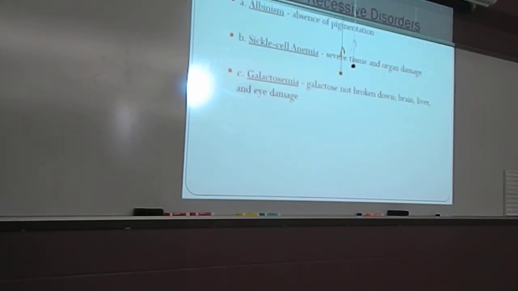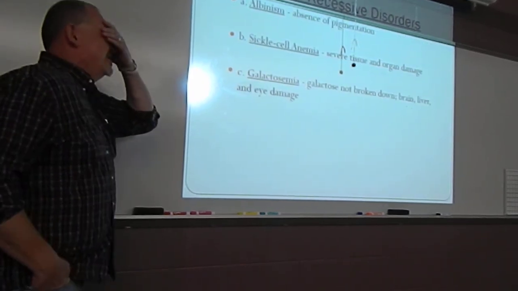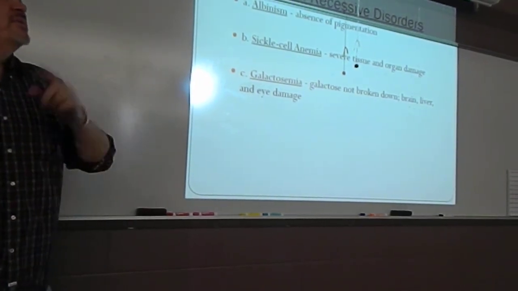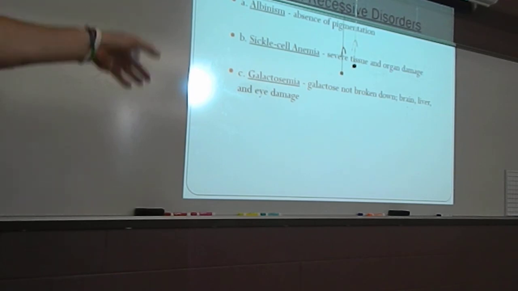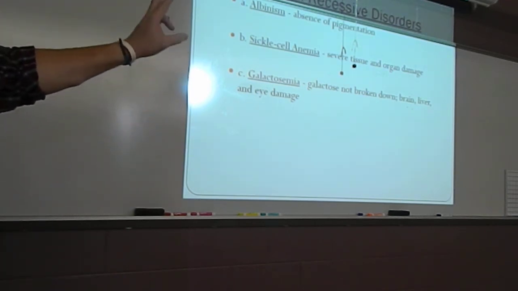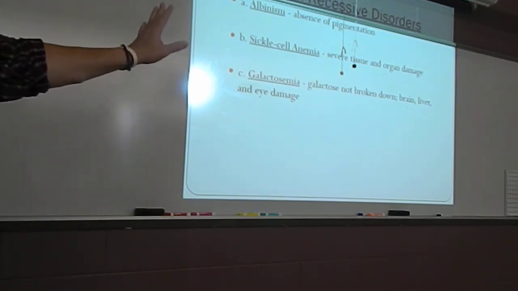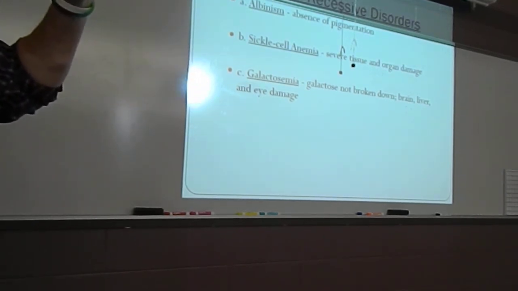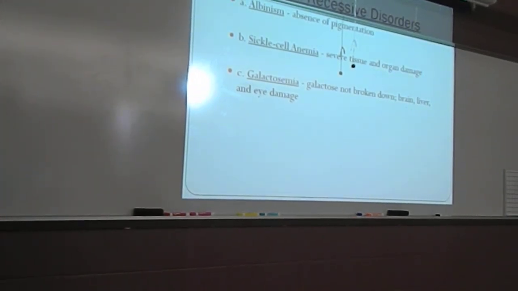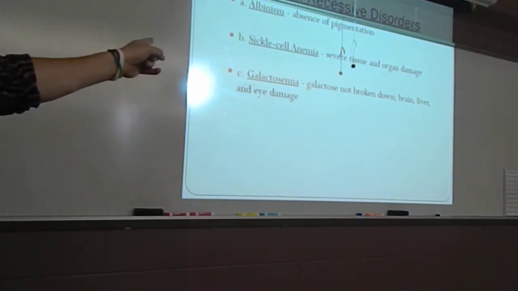And so we're going to talk about several different types of disorders. This is one of the two that you need to remember, and what you need to remember is just an example, one of these three.